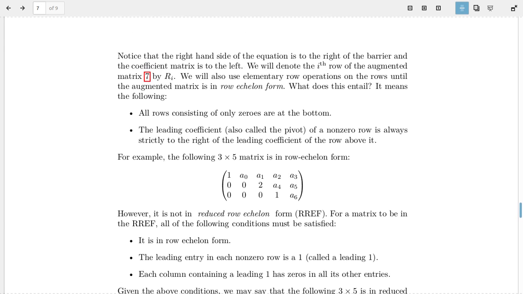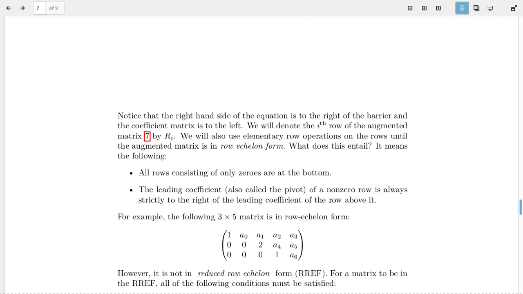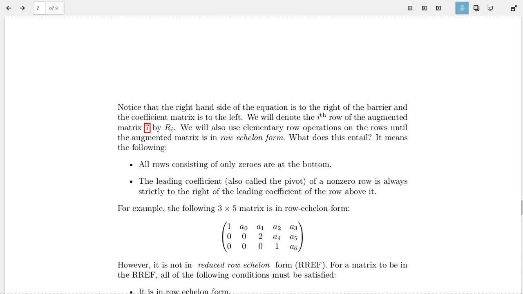The objective is to perform elementary row operations until the entire augmented matrix is either in row echelon form or in reduced row echelon form. What does this mean? First of all, some notation: the ith row of the augmented matrix we will denote by R sub i.